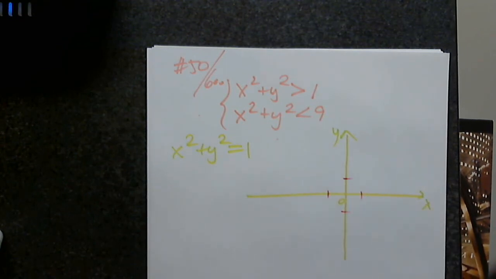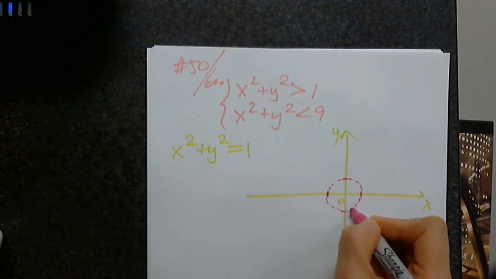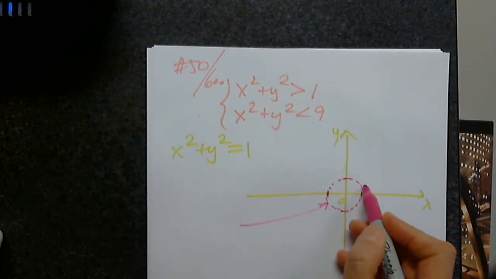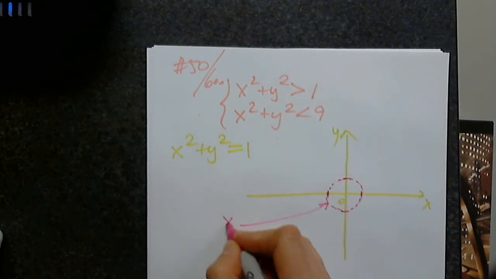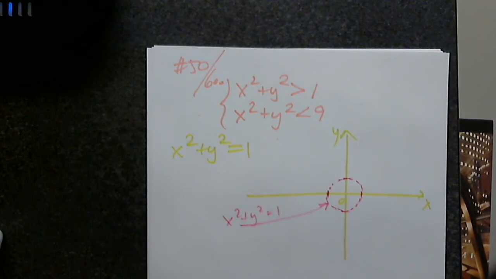Now I ask myself whether I will graph it as a solid curve or a dashed or dotted curve. Very good, awesome. The dash doesn't have the equal. Correct. So this equation is only the equation x squared plus y squared equals 1. It divides the entire plane into two regions, the inner and the outer.